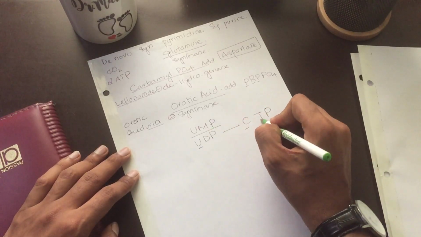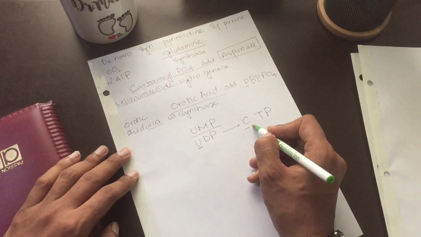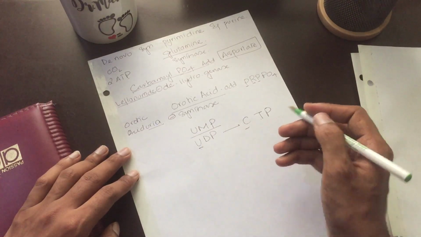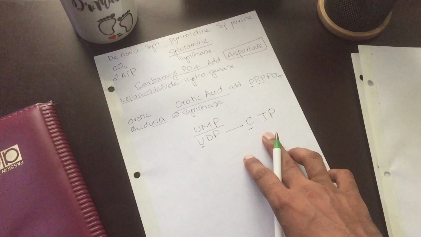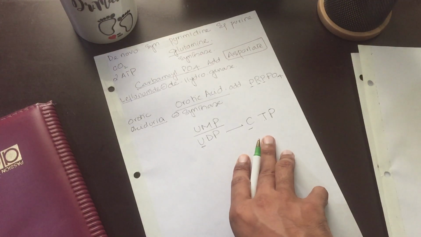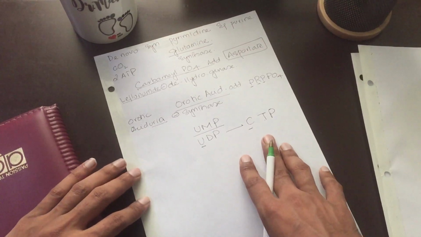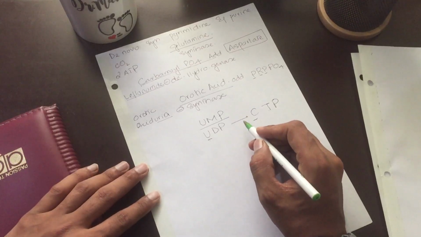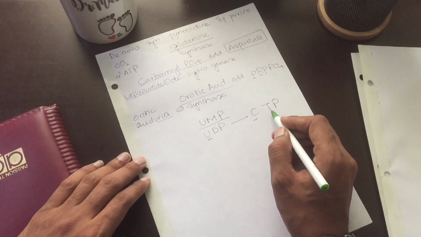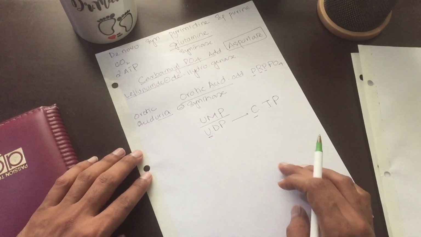Obviously we add a lot of phosphates and we aminate UDP into cytosine, and this cytosine goes to the DNA replication or DNA synthesis process where it is added into the nucleotide chain. Either the UTP goes to produce cytosine or the UDP goes to make thymidine.